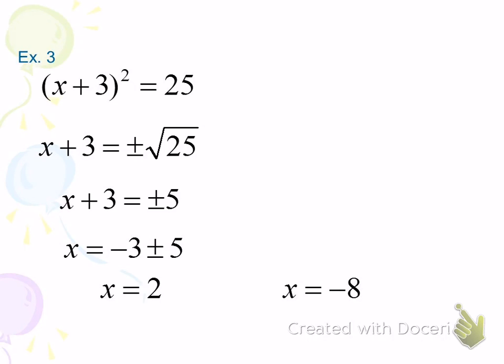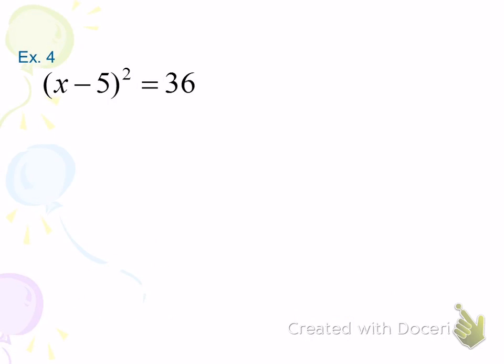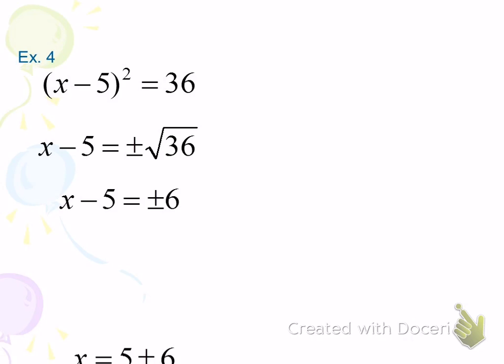Same thing here, right? X minus 5 squared equals 36 means x minus 5 equals plus or minus 6. So x equals 5 plus or minus 6. When you add 5 to both sides, you get 11 and negative 1.